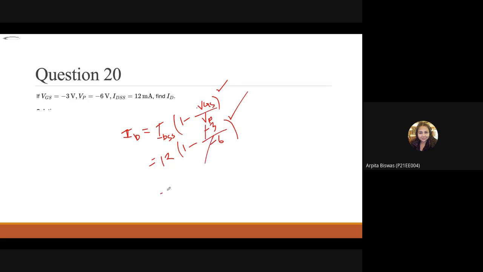So what is the value? 12 into 0.5 whole square. 3 milliamps.